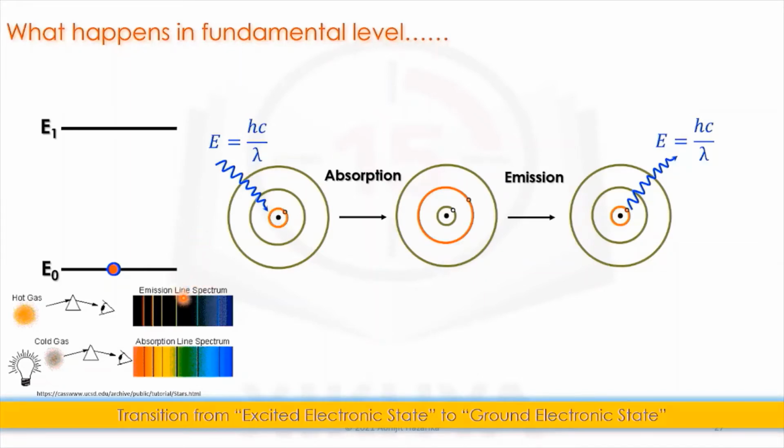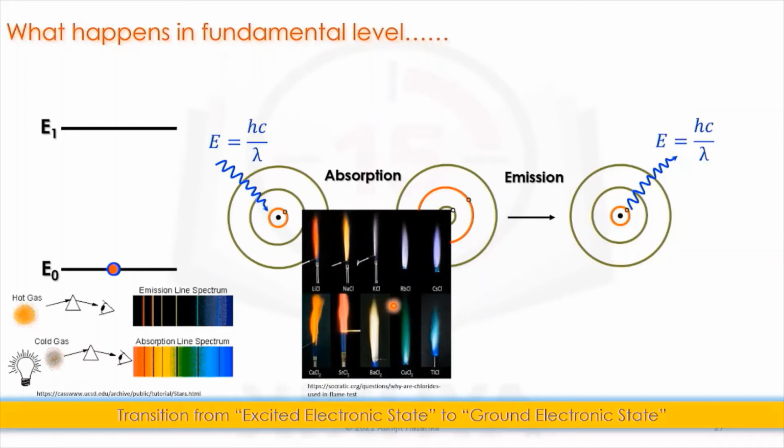In the absorption and emission spectrum, you can see very discrete lines. In fact, this is very much similar to the flame test that you have done in your higher secondary chemistry laboratories. The only difference is that in your flame test, you excite the atoms of the salts with heat, not with photons.